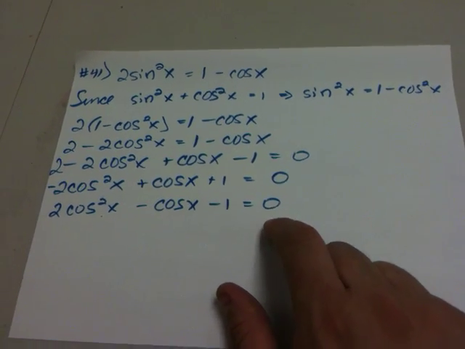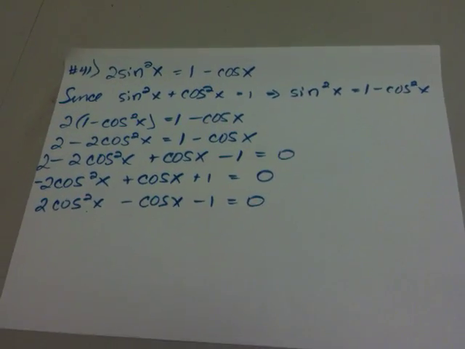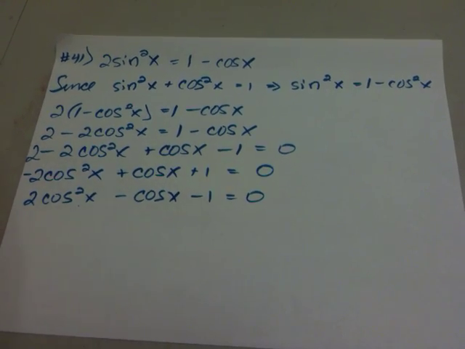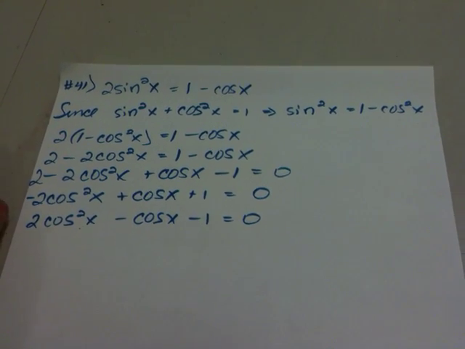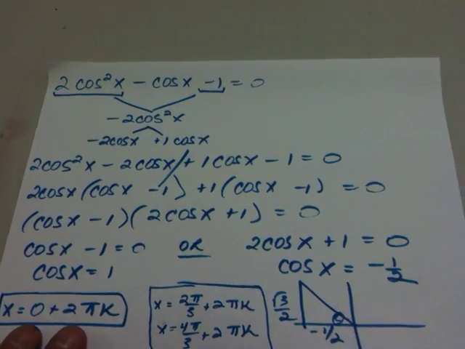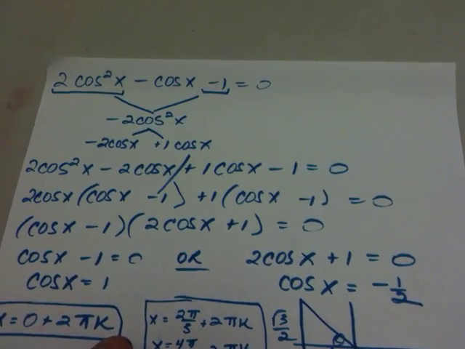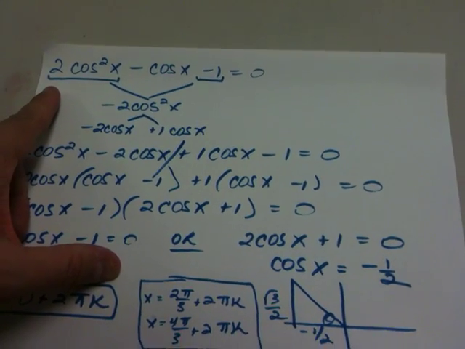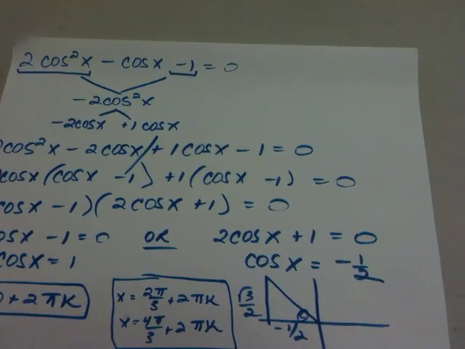In order to finish this problem, to solve it, we're going to have to factor the expression on the left, and this is where we always have a lot of different ways to factor. I chose to model the factoring using the master product method. So at the top of the page here, we have 2 cosine squared of x minus cosine of x minus 1 is equal to 0.